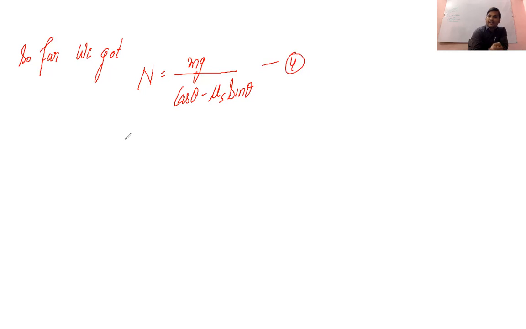And the second equation, where we have to put the value, was N times sin theta plus mu s cos theta equal to mv square by r.